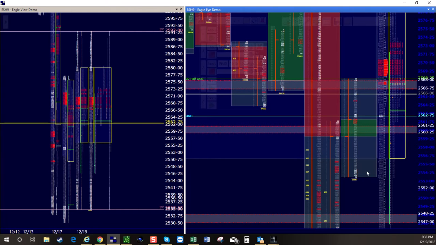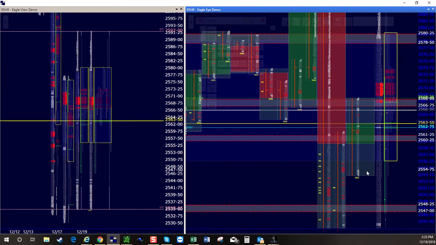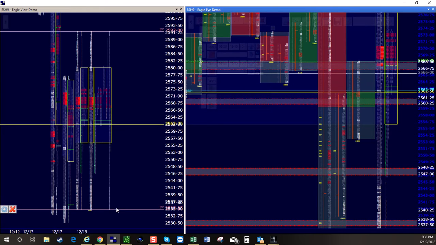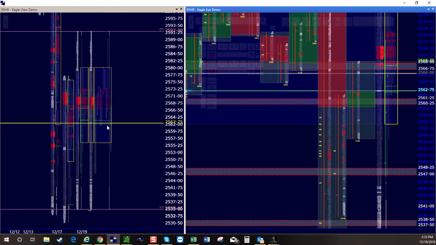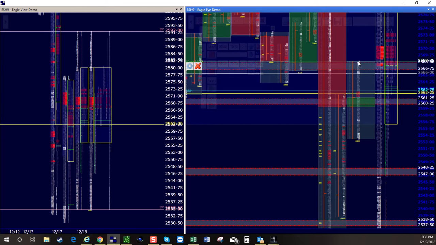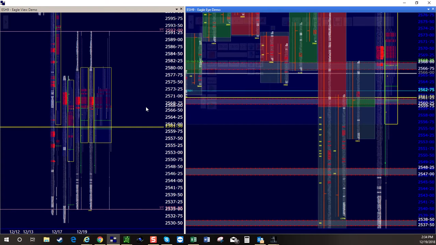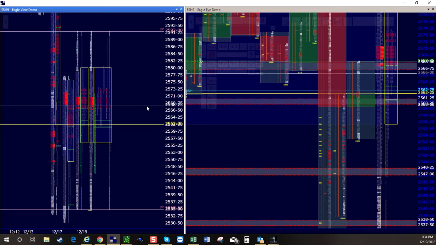Something that possibly has my interest, but to be quite honest with you, nothing has my interest unless we clean up this low and come back in. Then I'll have some clues that this high was weak right here. So it's that 68 quarter.